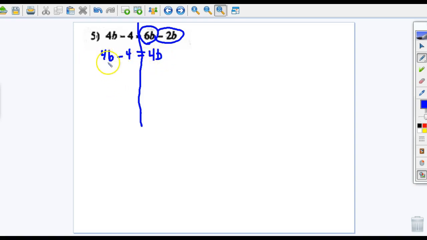So if you notice, both of these are the same. So if I subtract 4b here and 4b here, this becomes 0, and this also becomes 0, which gives me an answer of 4 is equal to 0, which is not true. So when they don't equal, and you get an answer that looks like this, your answer is no solution.